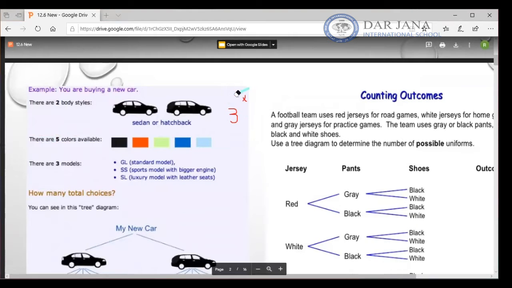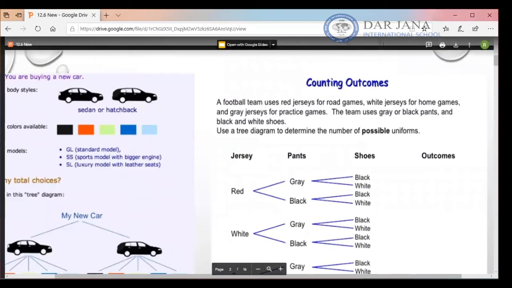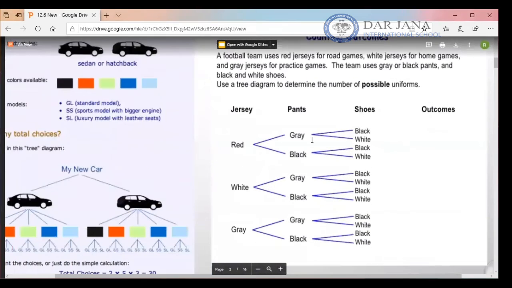Okay. Also the same explanation or the same concept, counting outcomes. This is a football team. You have 3 events: the jerseys, the pants, and the shoes. For the jerseys, I have 3, which are red, white, and gray.